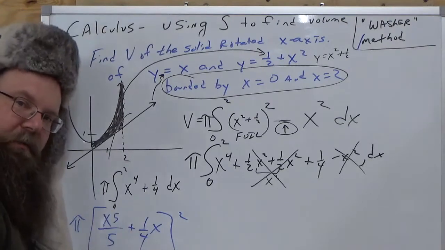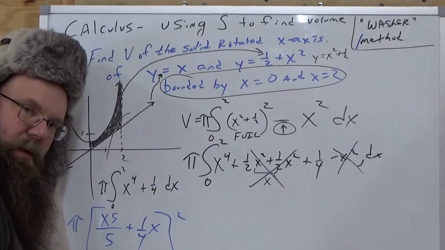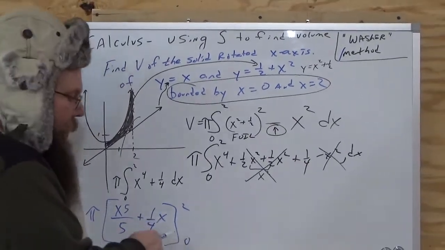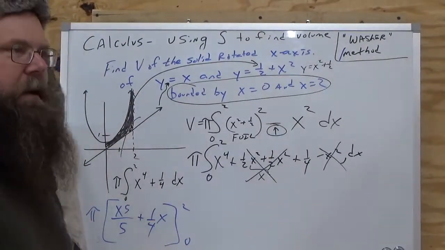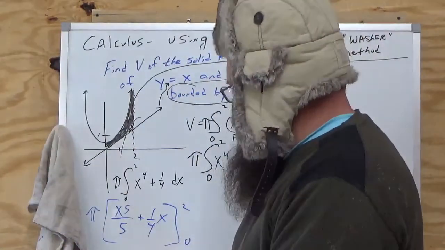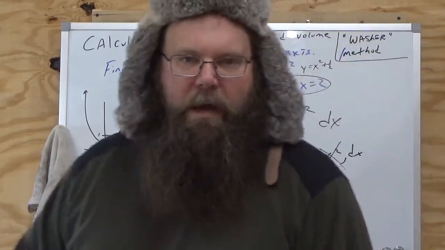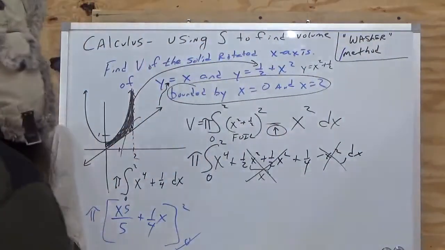Isn't it wonderful when you have to plug in a 0? Plugging in a 0 is like the most beautiful thing ever, because all you have to do is look at it, you're going to have 0 plus 0, boom, that goes away. All we have to worry about is plugging in the 2.